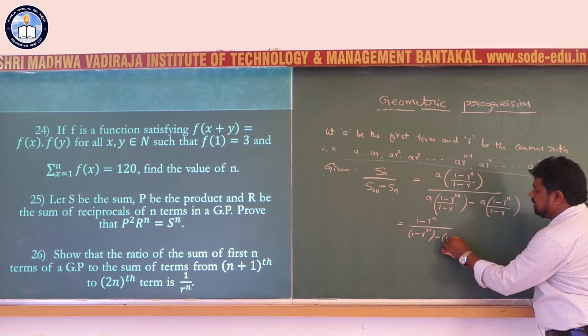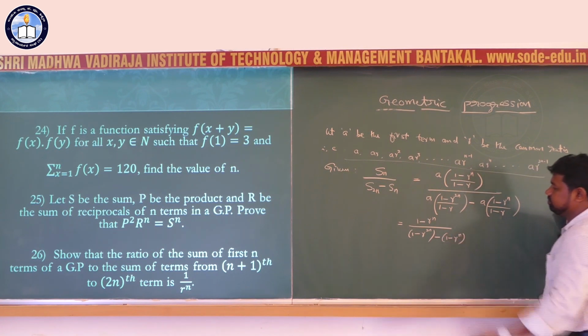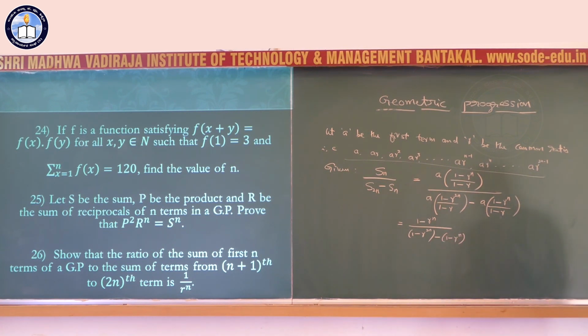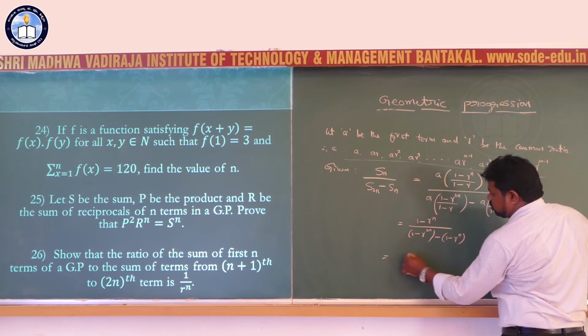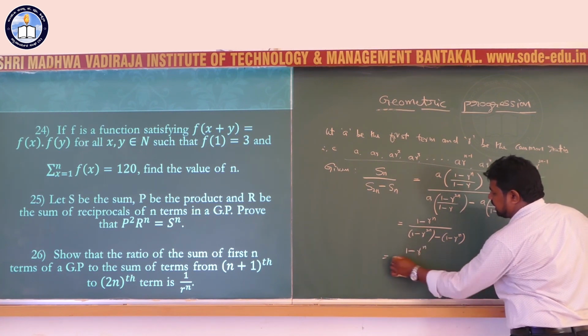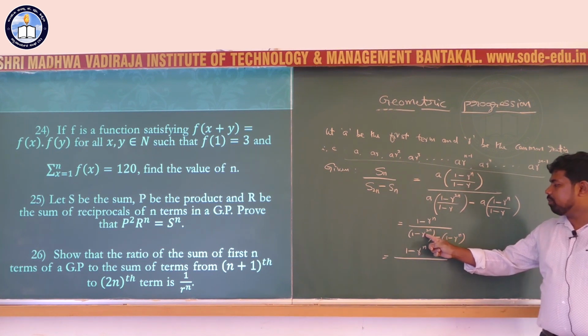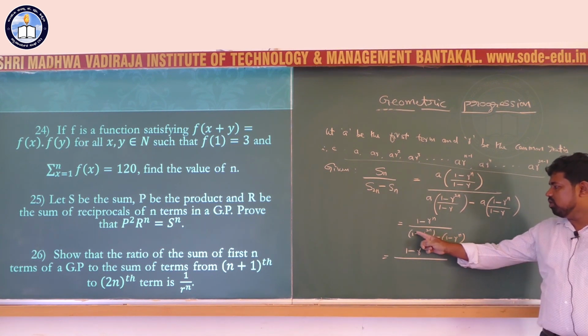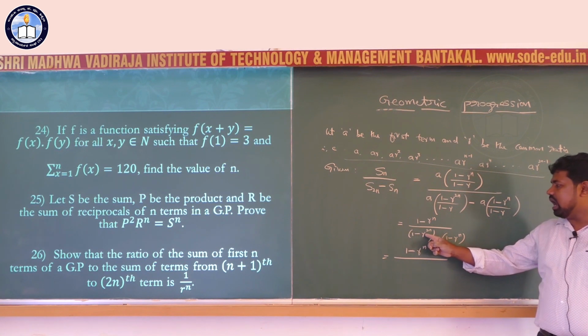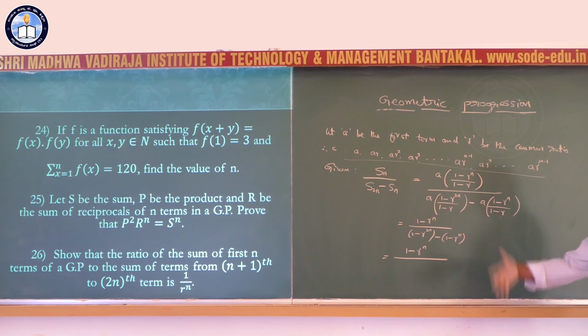minus 1 minus r power n, that is equal to 1 minus r power n divided by 1 minus r power 2n, that is in the form 1 square minus r power n its square. So it is in the form a square minus b square, that is a minus b into a plus b.